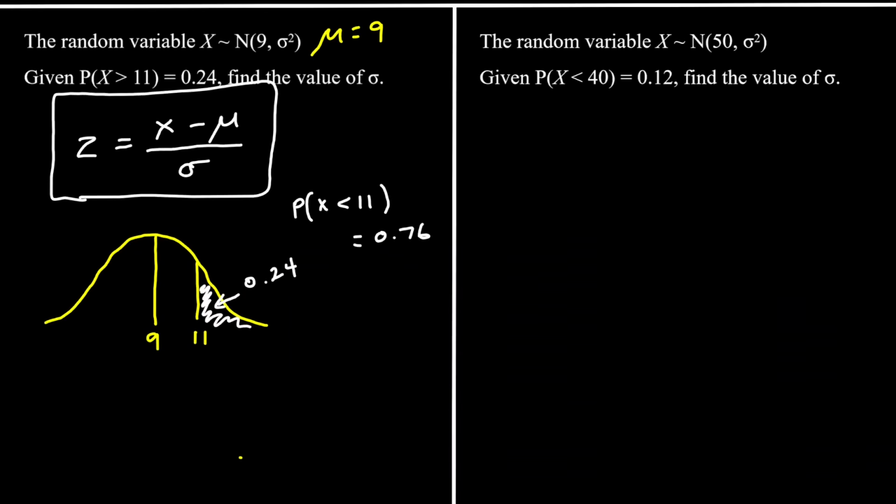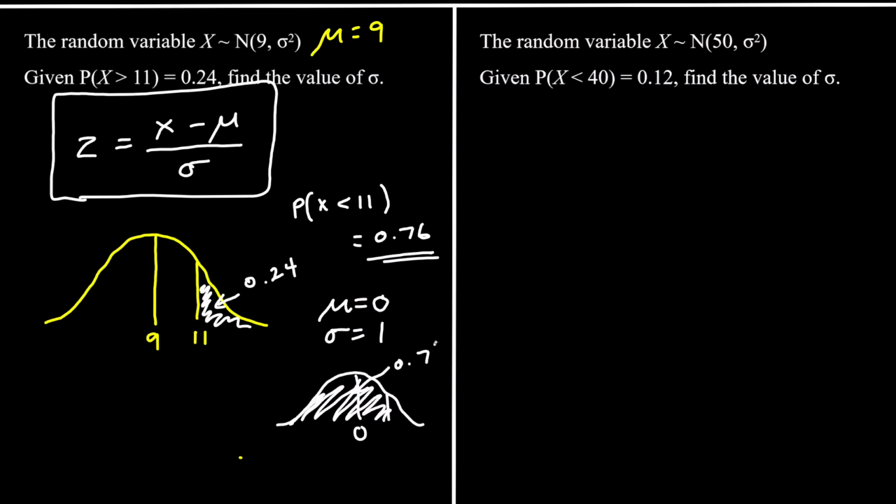So what we're going to do is find, for our standard normal, for our z value, what is the value that has an area of 0.76. So our standard normal, remember, has a mean of 0, a standard deviation of 1. So in this case, for our standard normal, what is the value that's got an area of 0.76?